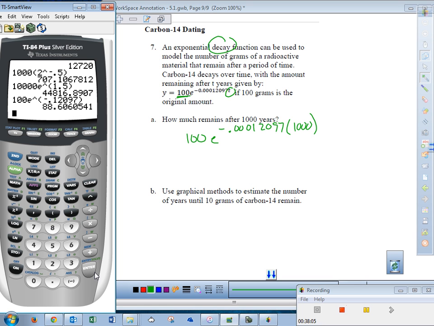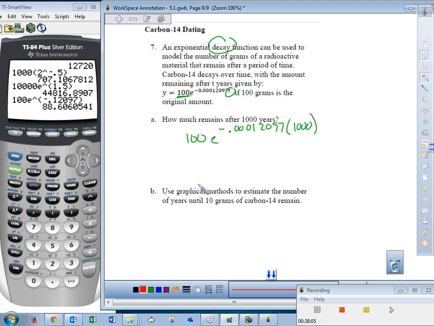Should it be more or less than 100? It better be less, right? I figured this out first before I tried to punch that in. I took the nasty decimal times 1,000, which for you awesome science majors moves that decimal 3 places to the right. That's what it does when you take it times 1,000. Yep. So 88.6 what? Grams?